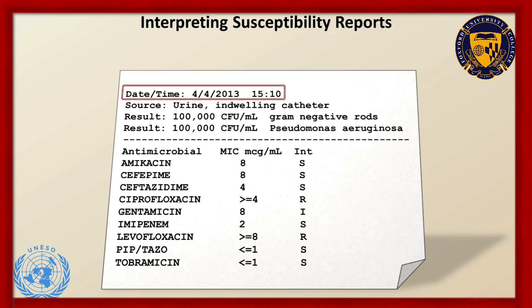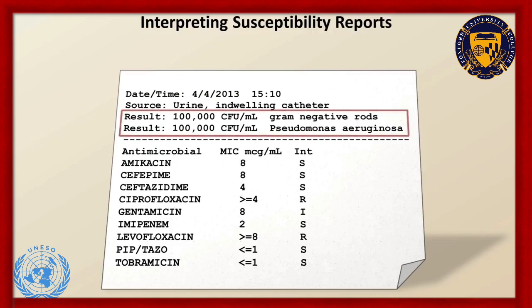First, the date and time listed, unless otherwise specified, is the date and time of the original sample collection and not the date and time of the report itself. The source is obvious. There will often next be two separate lines regarding the species identification.